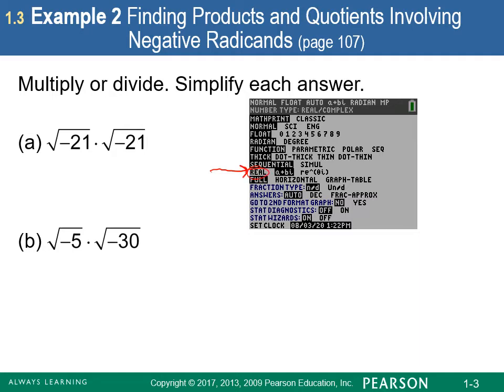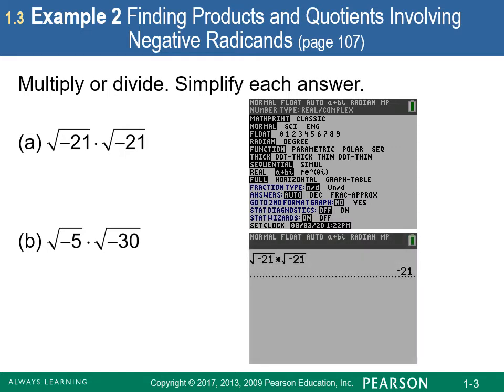Now, in all likelihood, your calculator has that highlighted. In order for your calculator to be able to do complex number calculations, you need to select the a plus bi choice. So this is how you put your calculator in complex mode. So after that, then your calculator will understand complex numbers.